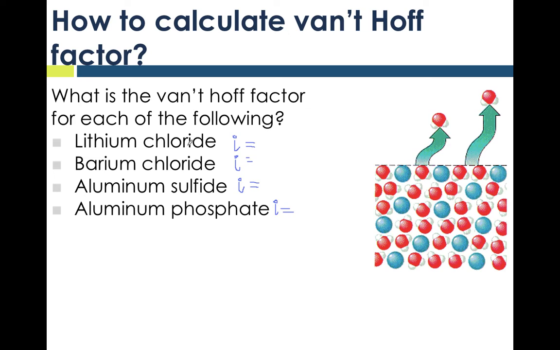So to find the formula of lithium chloride, I know that lithium has a +1 charge. And I know chlorine has a -1 charge. So if I do the crisscross between the two, I crisscross lithium's charge and chlorine's charge, I just get lithium chloride is LiCl.